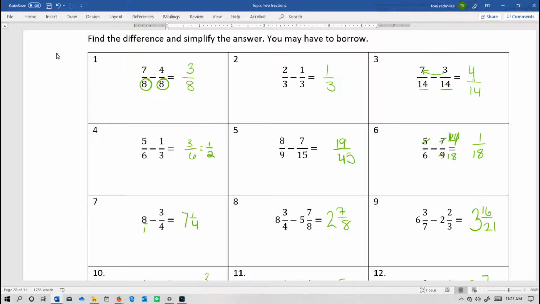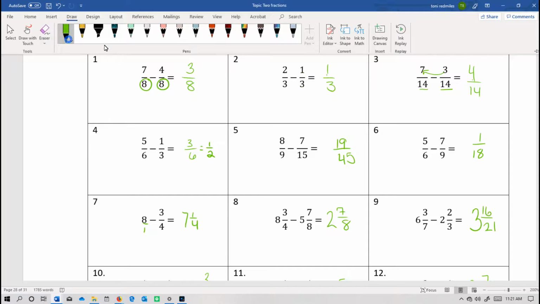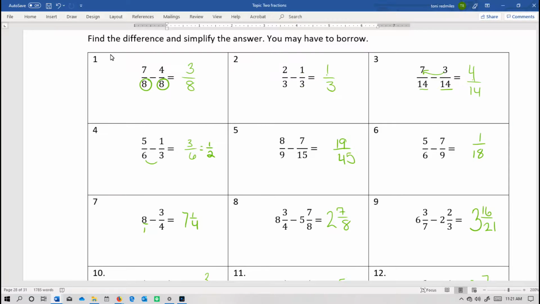What I'm actually going to do for this one is I usually teach a when in doubt method, which is when in doubt, when you don't know what the answer is, multiply the denominators together. So in this case, it'd be 6 times 3, which is 18. And that's not the denominator I used last time, but that's okay. I'm going to show you how I'm going to get the same answer.